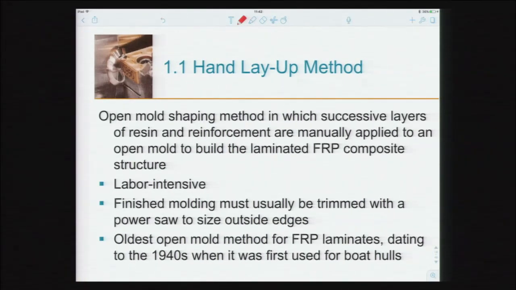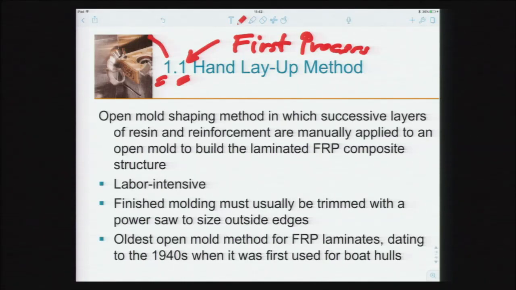You can see the code right here, 1.1. The first 1 is the first category, and the first category is open mold. I use this code to organize the processes, so you will see the overview of the process classification.